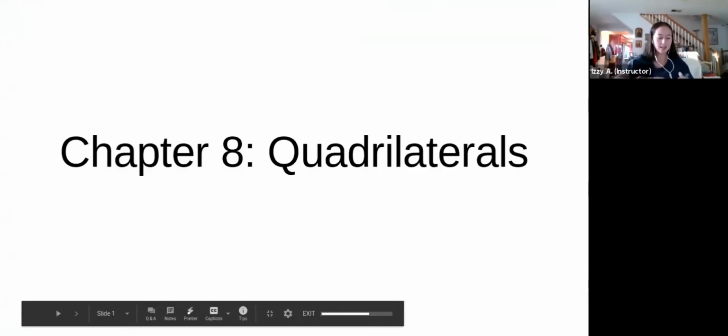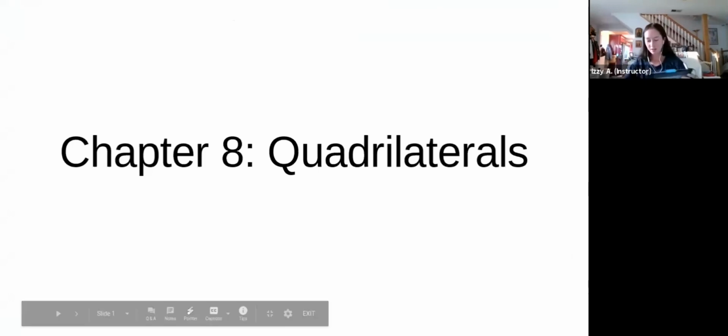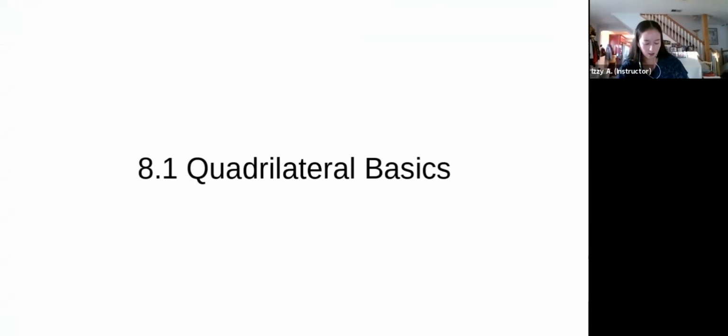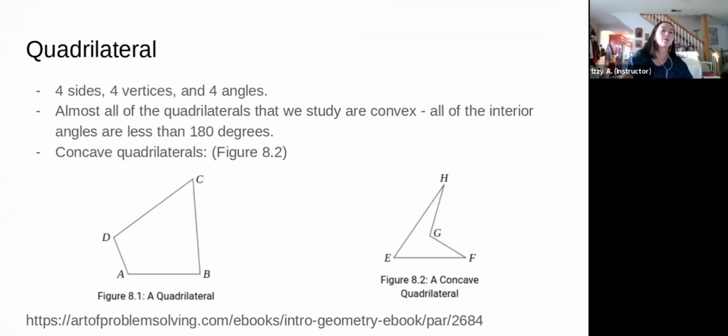All right, so as I said, today we're going to be learning about quadrilaterals. So the first section deals with quadrilateral basics. A quadrilateral has 4 sides, 4 vertices, and 4 angles.